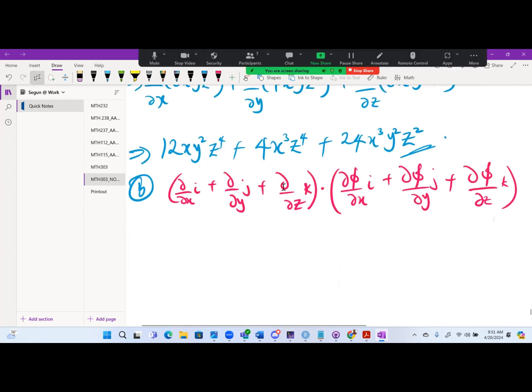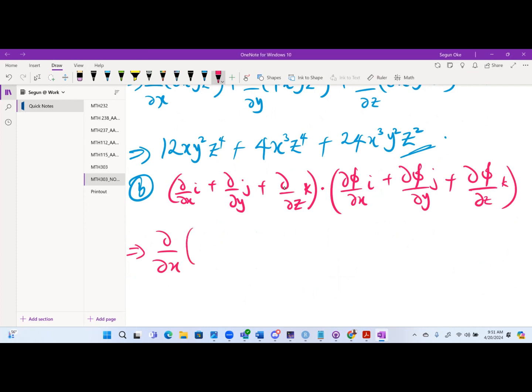Remember the way we did the other time? Let the component multiply the component, it's still the same thing. We have d/dx of the entire x, the phi dx, plus d/dy of the entire y, plus d/dz of the entire z.